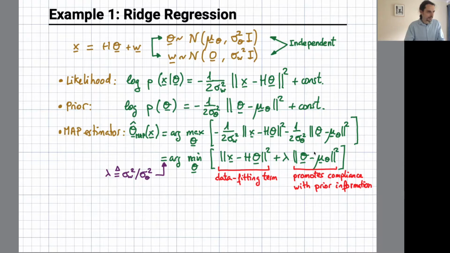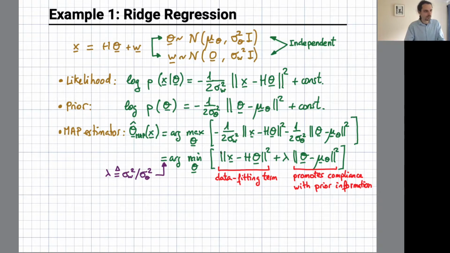So we see again, as with MMSE estimators, that this objective balances two different criteria, let's say. There are two forces here, and the MAP estimator will find a sweet spot between them.